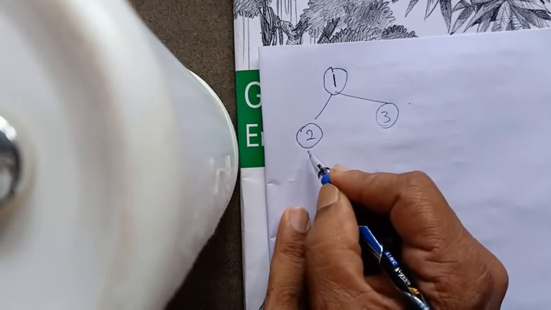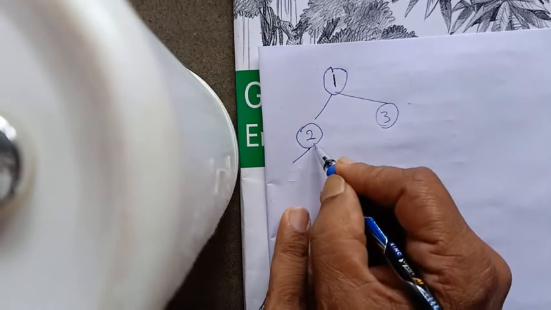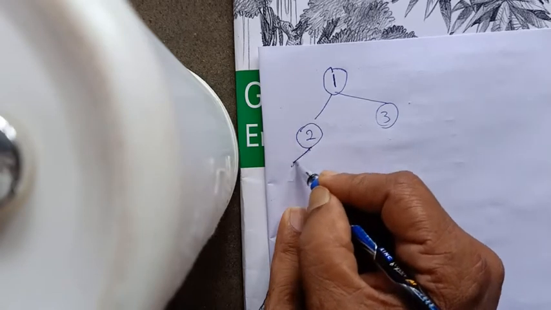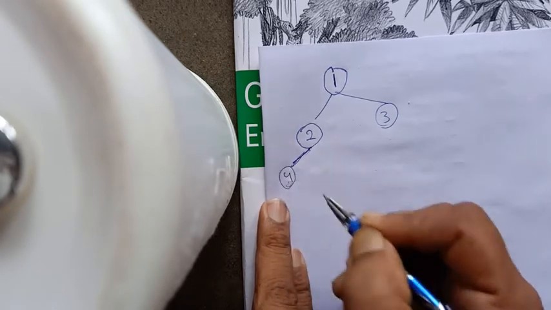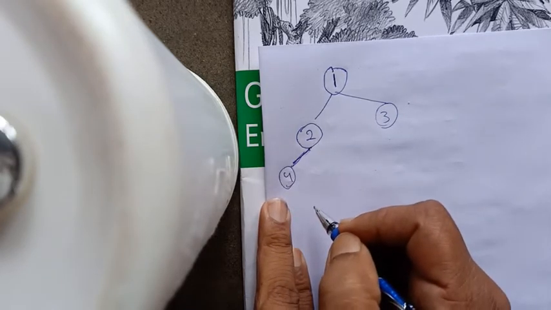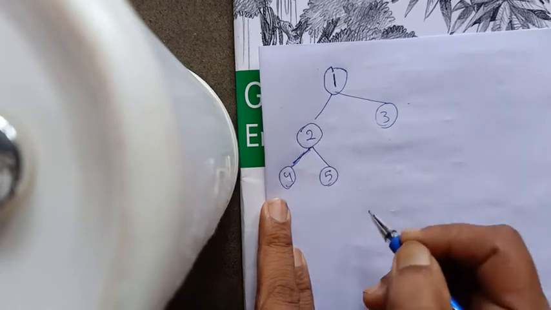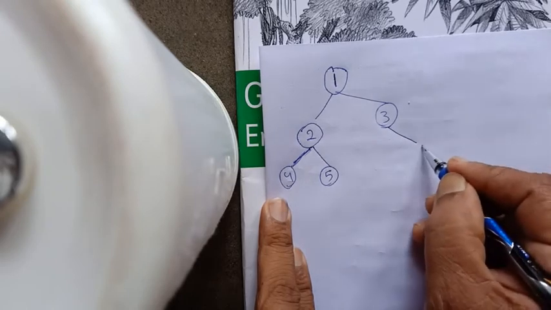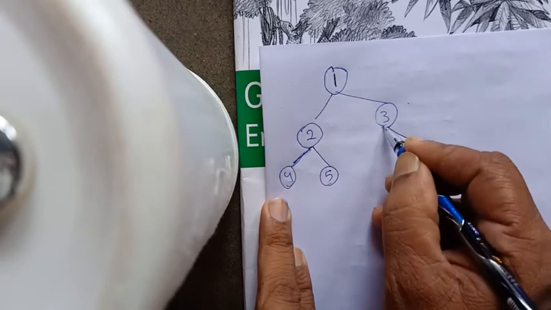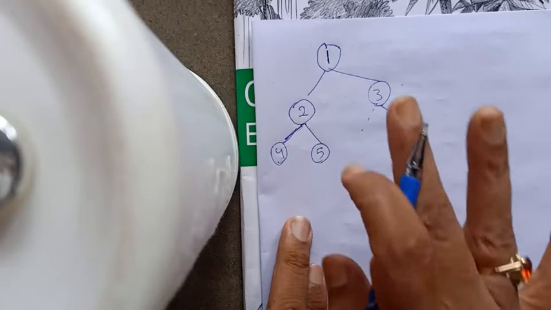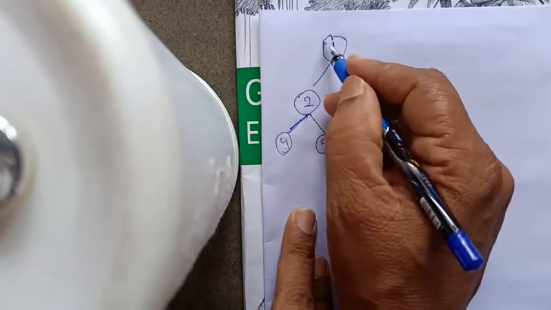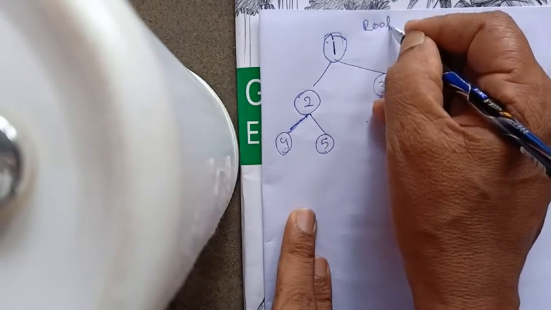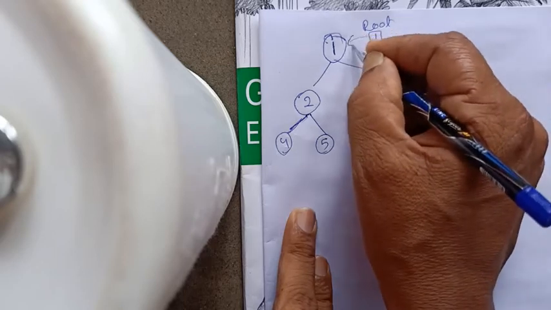Now suppose 2 has one child, that is 4, and 5 is another child. 3 has only a right child, let's say 6. The left child is missing. So this is my tree. And what is the root? This one. So the root is 1.